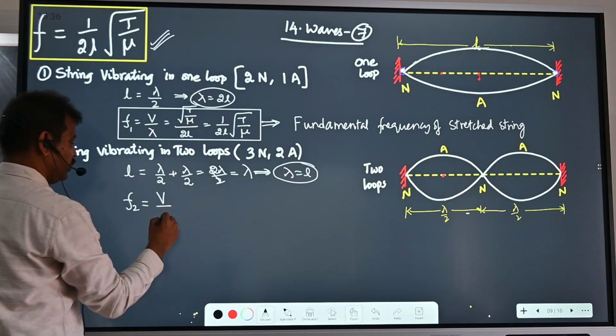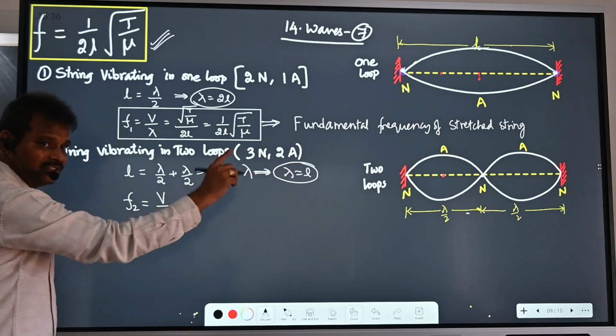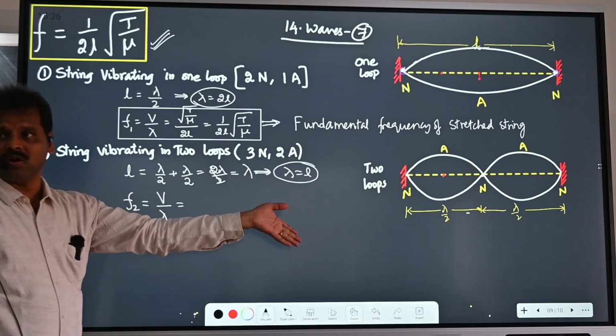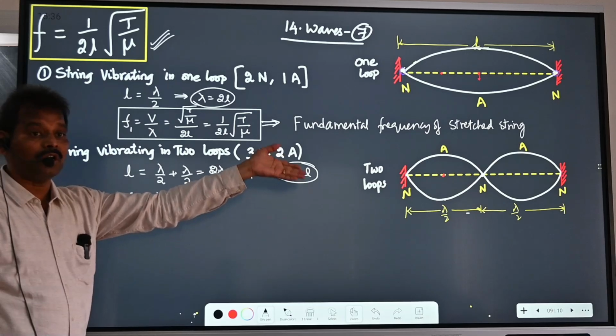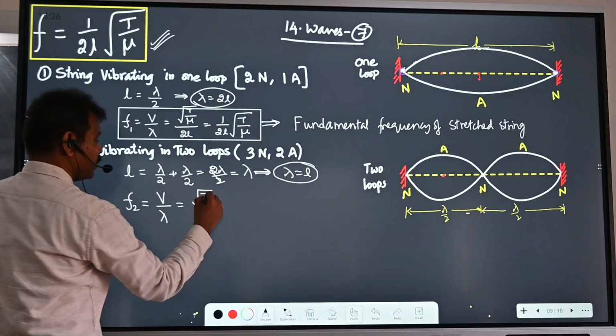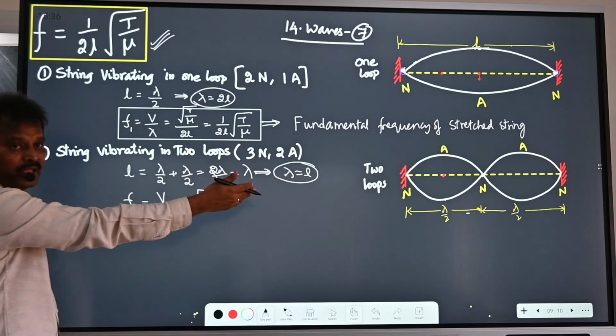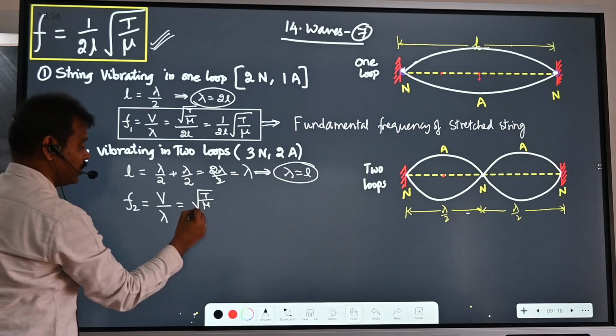Formula: V by lambda only. What is V? Tension has not changed. Same string only, mu also not changed. So what can we write in place of V? Root T by mu. We have not changed the tension. This depends on that only.